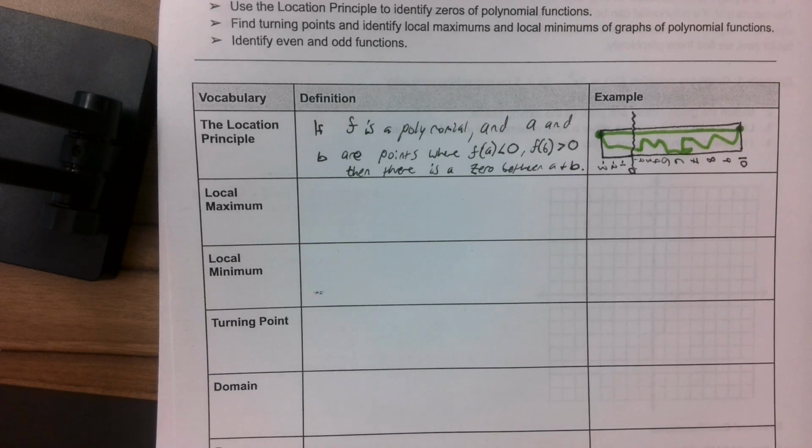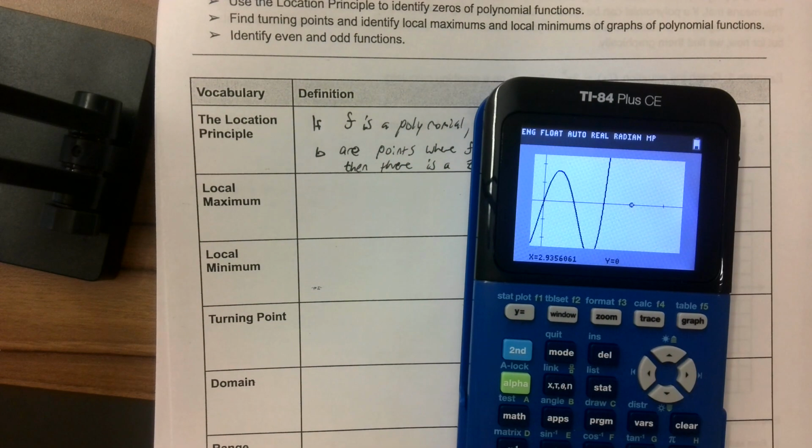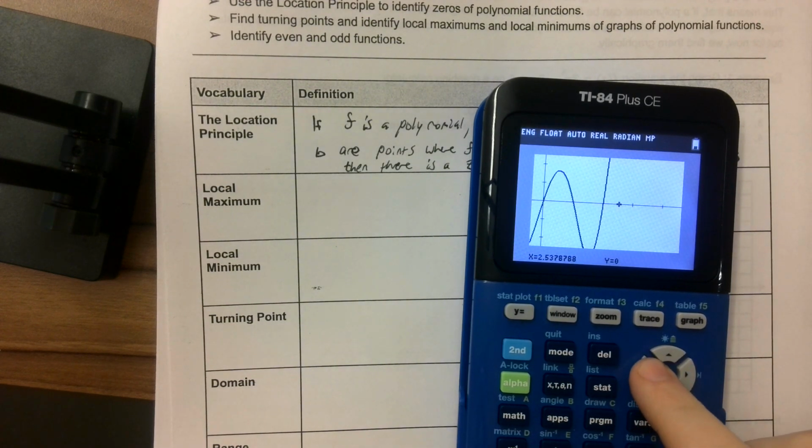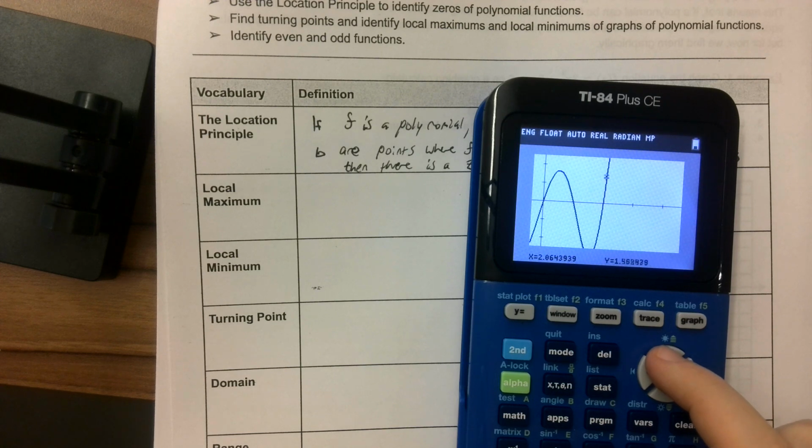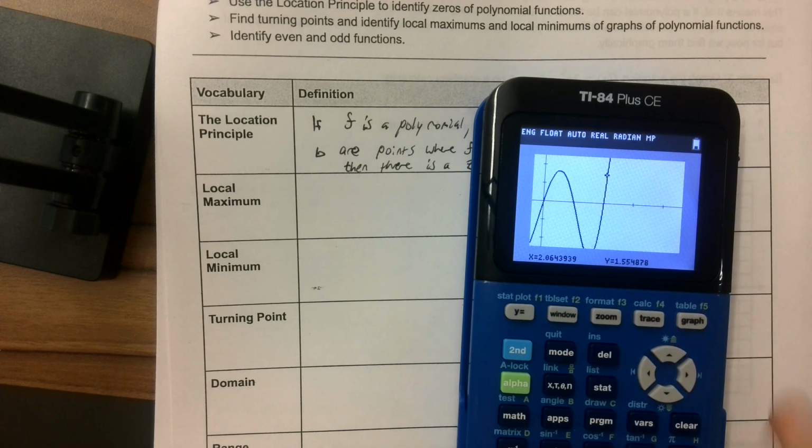On any graph of a polynomial ever, if you are trying to pass from a point that's positive to a point that's negative, you're guaranteed to pass through one of the zeros of your polynomial. So here's a polynomial I have right here on my graphing calculator. Let's say I had 2 points on it. Let me click trace just so we can be a little more exact.